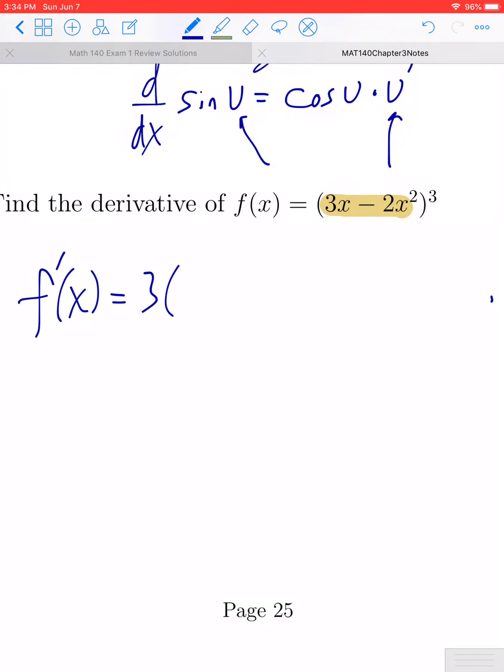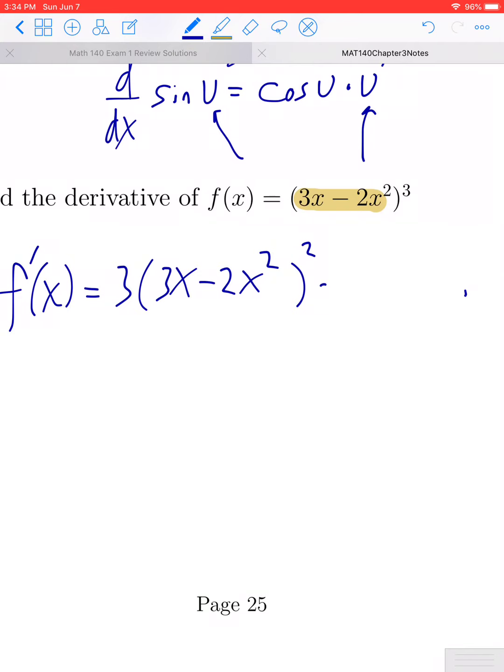Bring the power down, reduce the power by 1, leave the inside function alone, so that still stays the same. And now from the chain rule, we need to multiply by the derivative of that inside function. The derivative of 3x minus 2x squared is going to be 3 minus 4x.